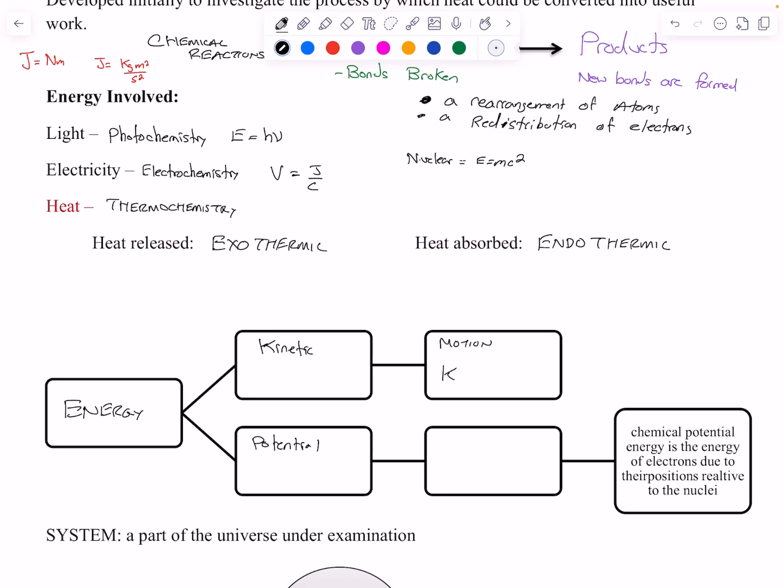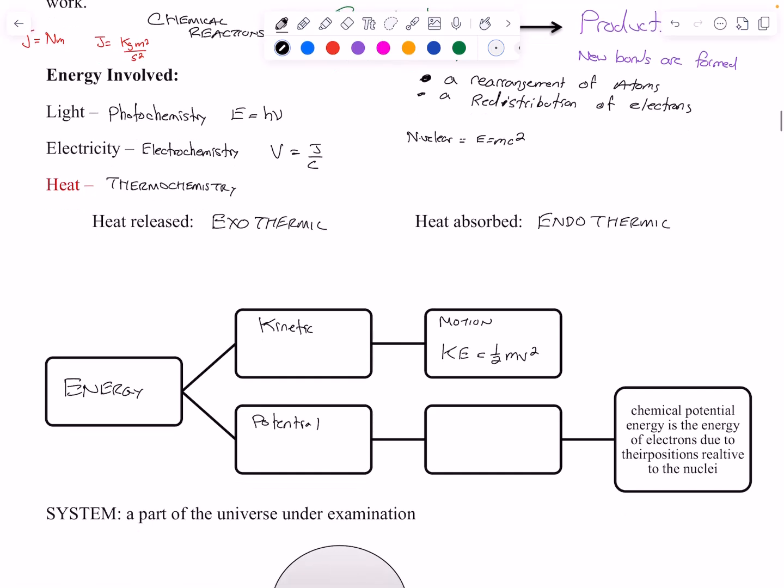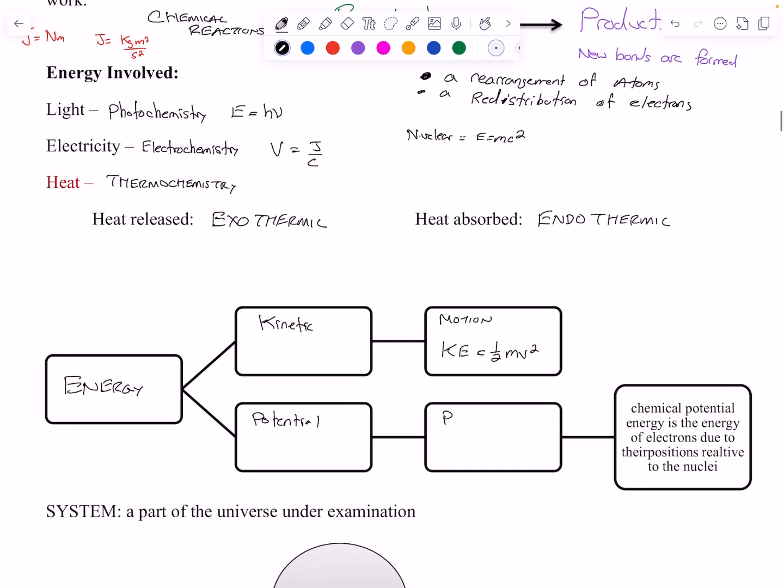Right? Basic physics, 1/2 mv squared. Right? Motion. So moving particles, moving objects. Potential is position. Some people call it stored, right? Now, PE equals mass, acceleration, usually due to gravity, and how high you are, right?